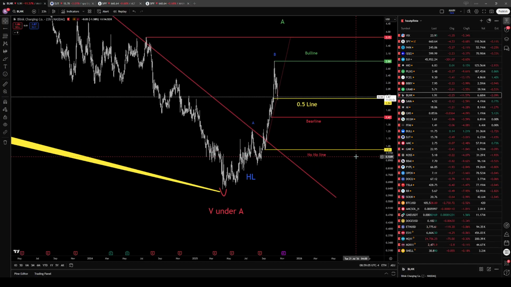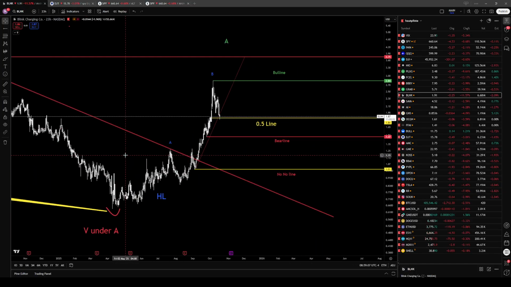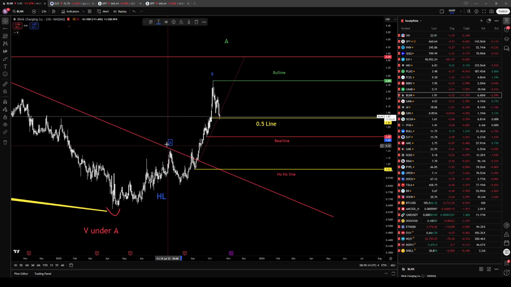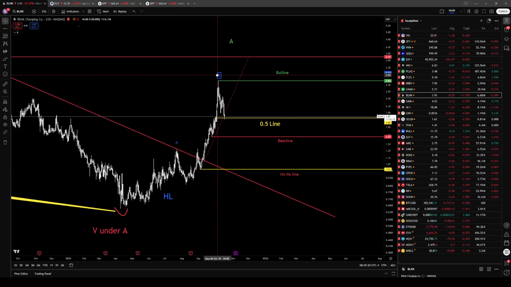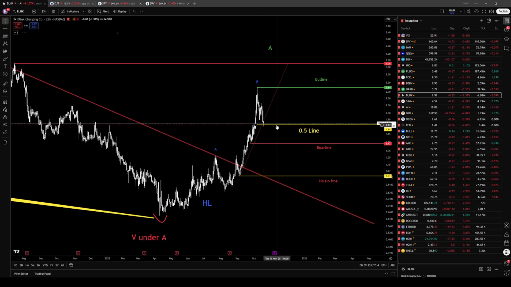So what have we done? Thing is, we did our V, same as the big one, high, low. A, little a would be finished, A pullback would be finished, and right now we would be in the little B and in the little B pullback.